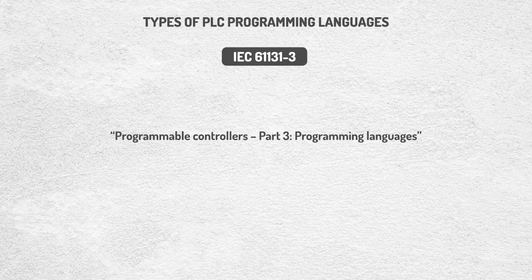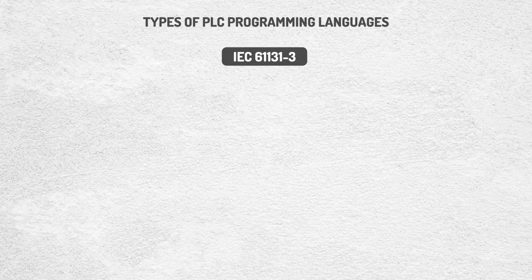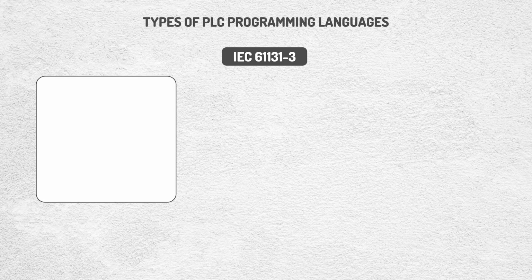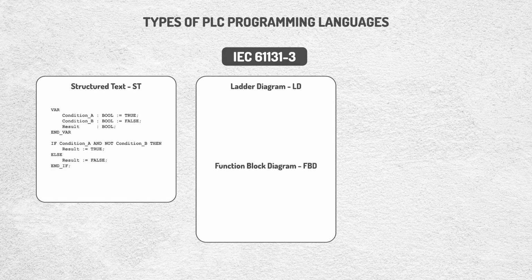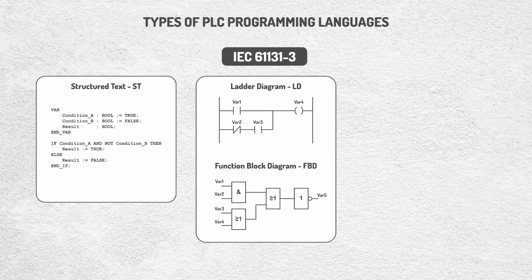According to the International Standard IEC 61131-3, there are different standardized programming languages that facilitate the development, understanding, and maintenance of programs in industrial controllers. This standard establishes a textual language, structured text, ST, and two main graphical languages, ladder diagram, LD, and function block diagram, FBD.